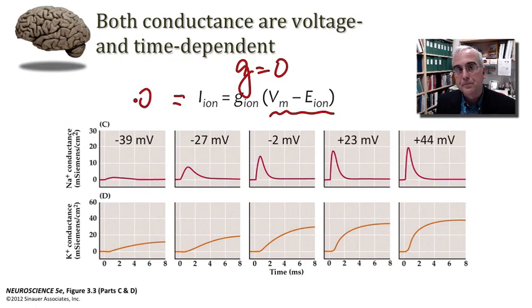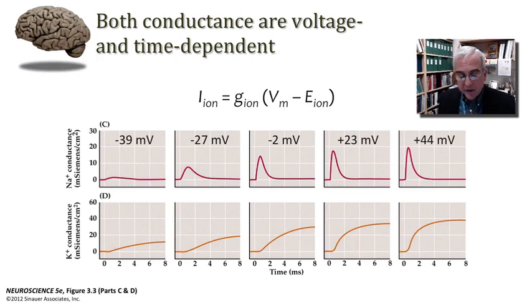Okay, well, these are some theoretical ways of considering the experimental results obtained by Hodgkin and Huxley, and what's shown now in the lower part of figure 3.3 are the same data, except now the measured ionic current is expressed in terms of the conductance that is associated with the transient current and the delayed outward current.